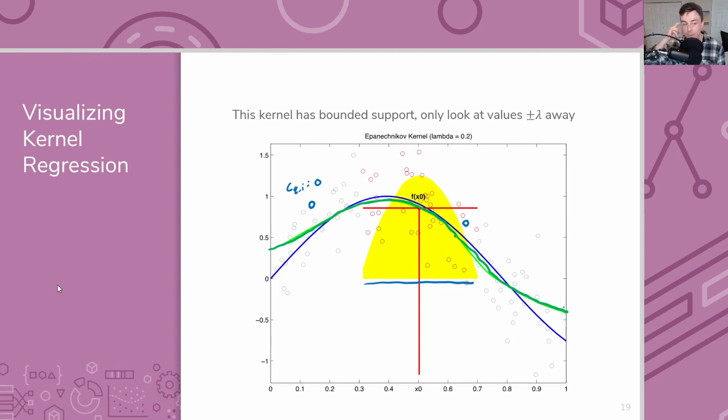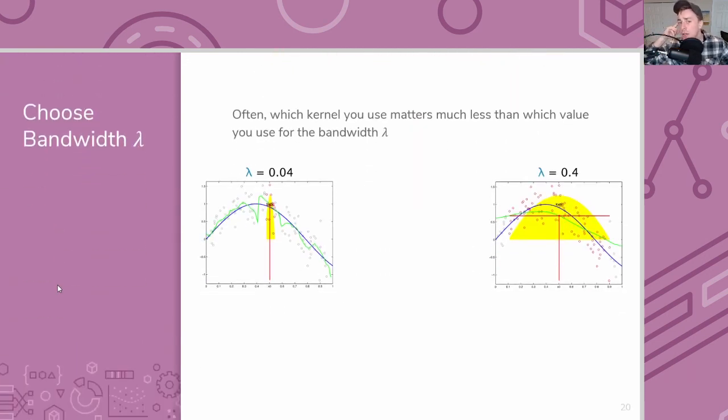It turns out in practice, which kernel you use has a much smaller impact than choosing the bandwidth correctly. If you make your bandwidth too small, you're not going to be taking this weighted average over lots of points. So here is using the Epanechnikov kernel again. On the left, I use lambda as 0.04.